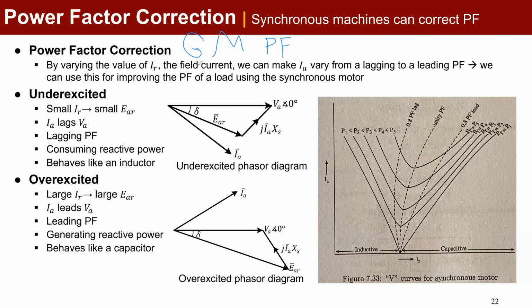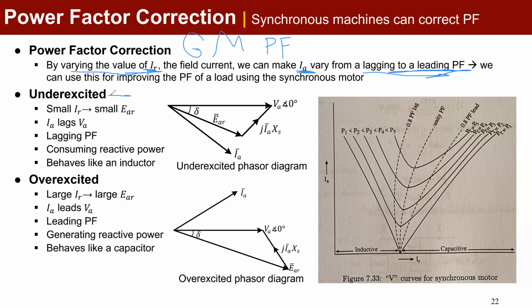What we can do is vary the value of the field current or the rotor current. And by varying that value, we can make the phase current vary from lagging to leading or leading to lagging power factor, or maybe even bring it to a unity power factor.